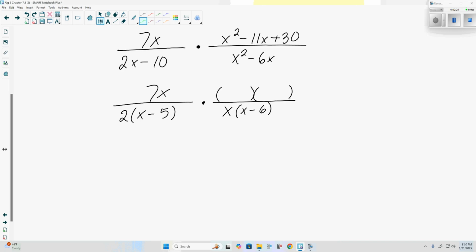Now our x squared minus 11x plus 30 has no greatest common factor between those three terms. But since the third term is positive, the signs are the same and match the sign of the middle term. So negative and negative. Factors of x squared would be x and x. Now factors of 30, yes.